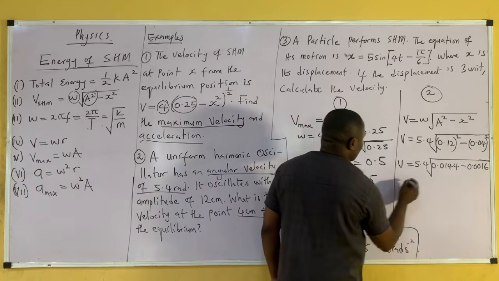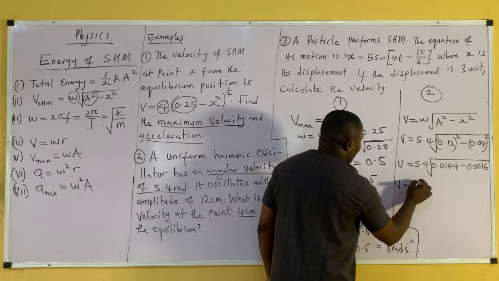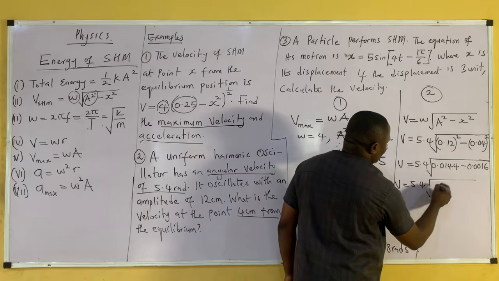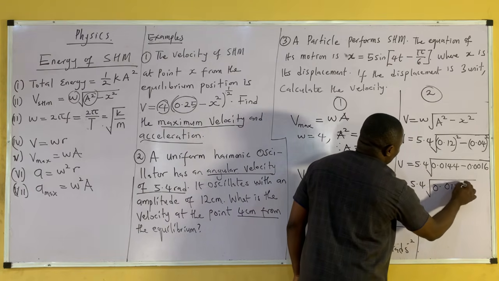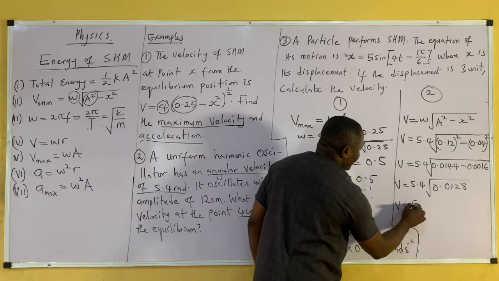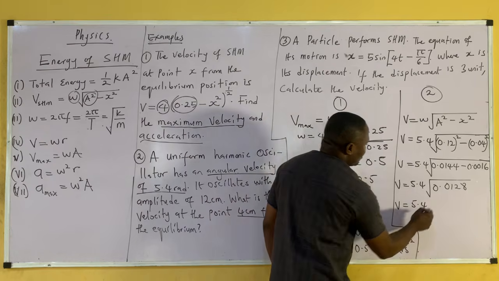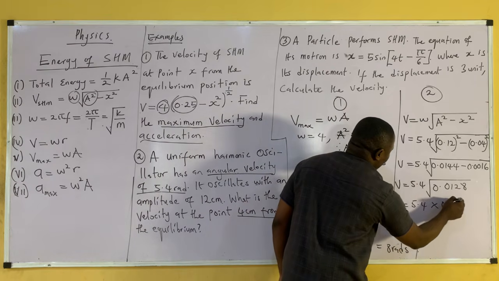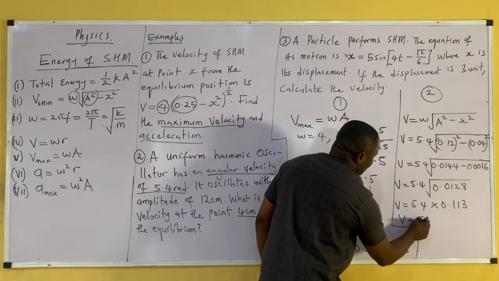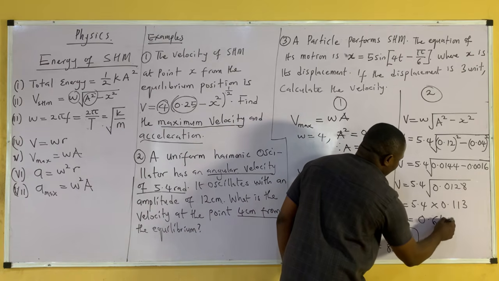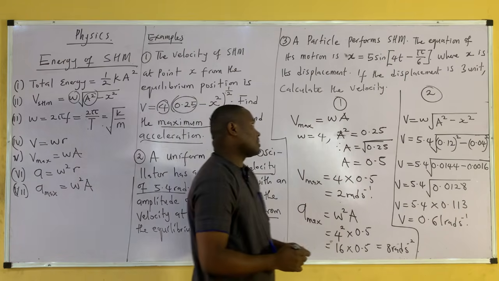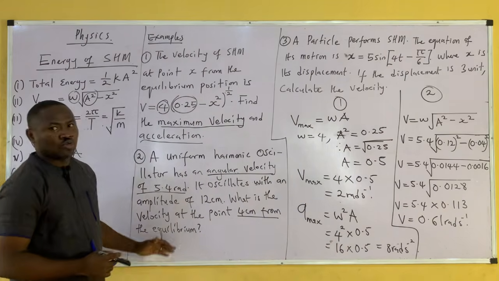If you subtract this from this, you'll have V equal to 5.4 square root of 0.0128. Now, what is the square root of this? V will now be 5.4 times 0.113. So my V will now be equal to 0.61 rad per second. That becomes the final answer to question number 2.